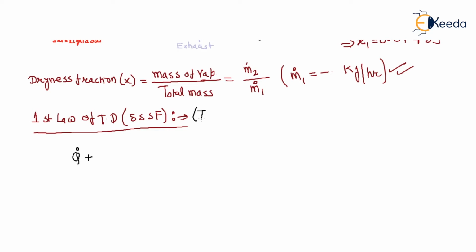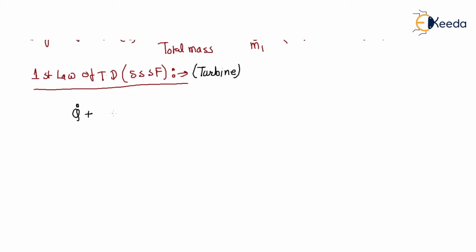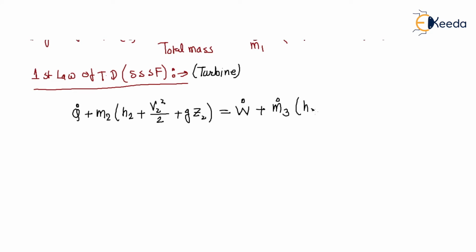Q dot plus, for a control volume, for the turbine, with one inlet and one exit: m2 dot times h2 plus V2 square by 2 plus g z2, equals work output plus m3 dot times h3 plus V3 square by 2 plus g z3.